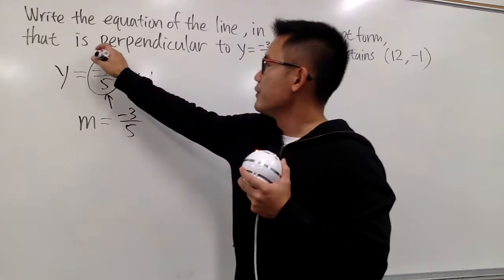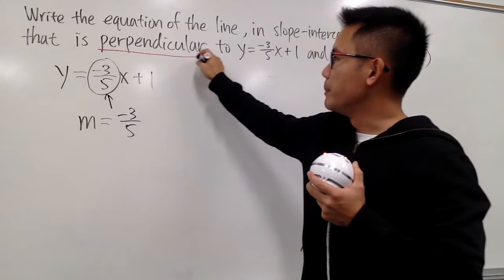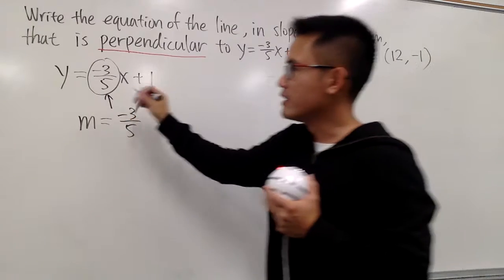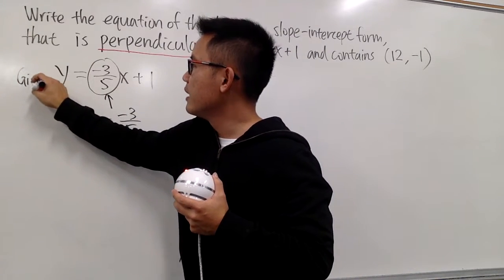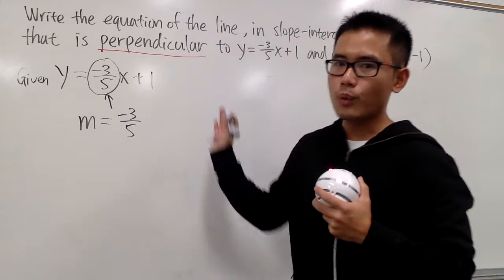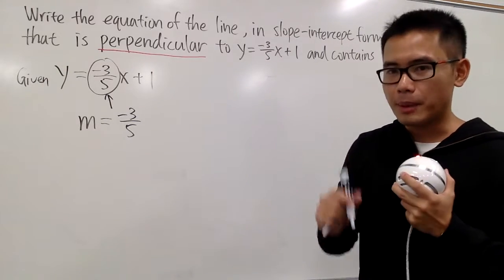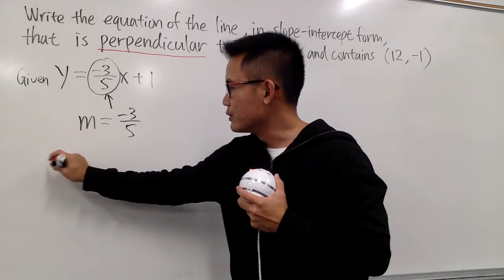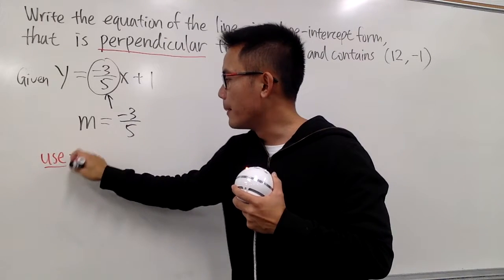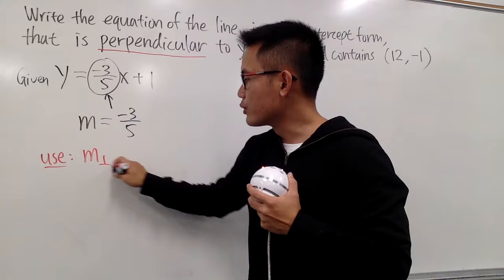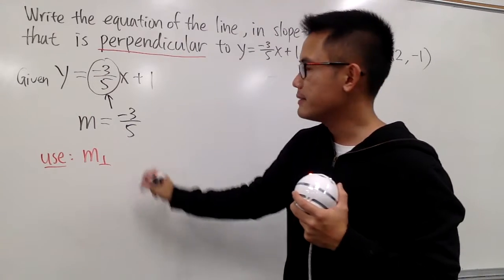However, if you want a line to be perpendicular to this, once again, this is just a given line. That's not what we want. If you want to have a perpendicular, you have to use the perpendicular slope. And this is the notation for the perpendicular slope, right?